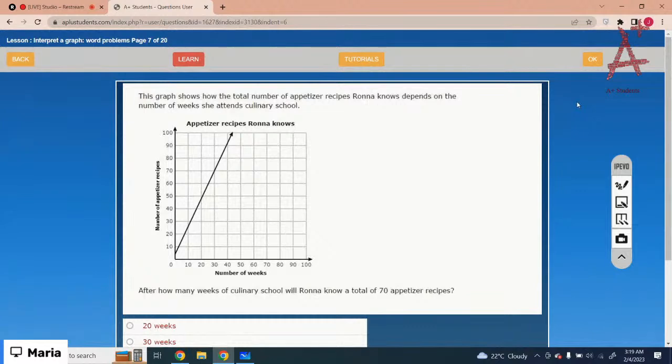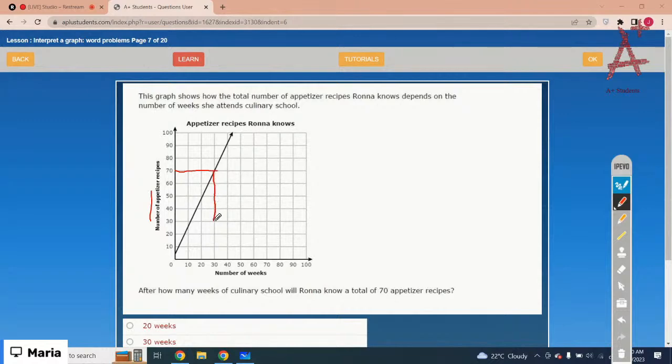This graph shows how the total number of appetizer recipes Rona knows depends on the number of weeks she attends culinary school. After how many weeks of culinary school will Rona know a total of 70 appetizer recipes? So just match the values on the graph. Got it? So 70, here is the number of appetizers, 70 appetizers, and just match it to the x-axis.